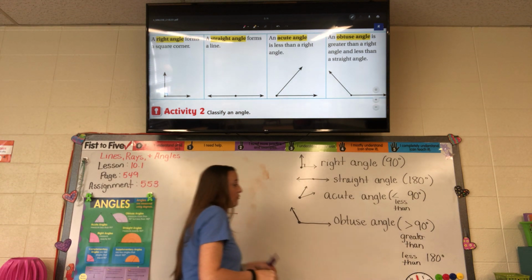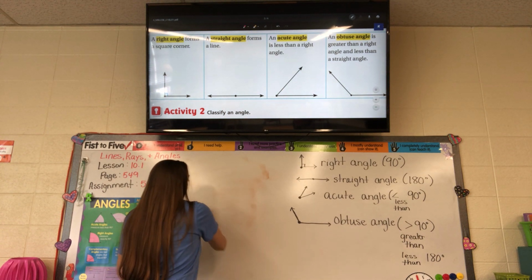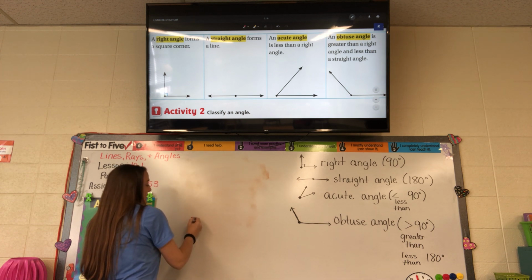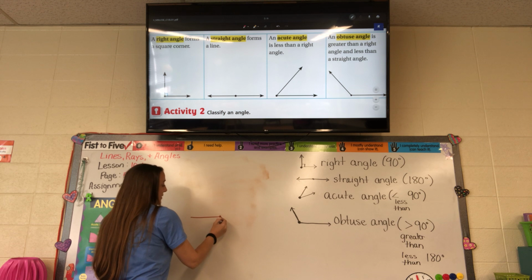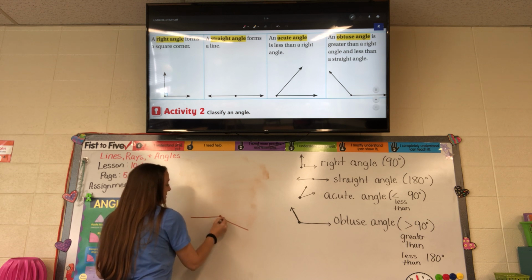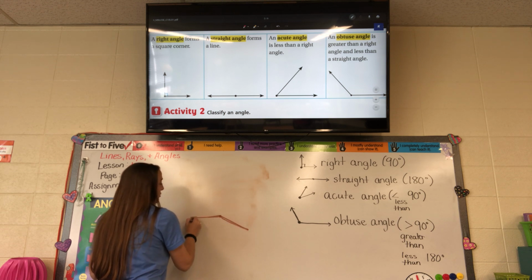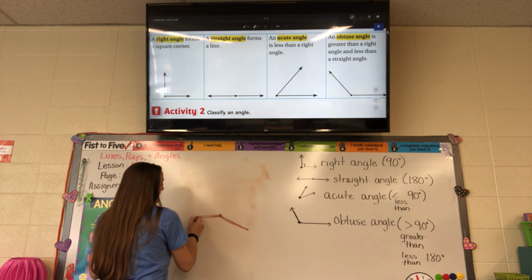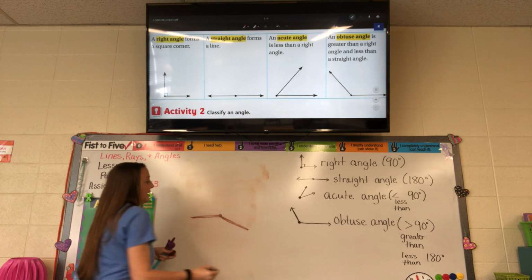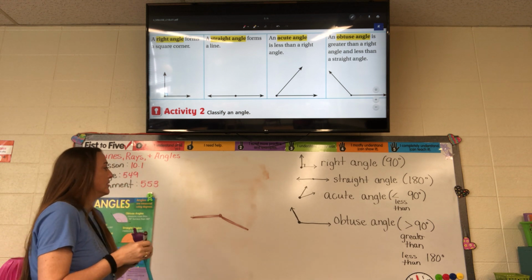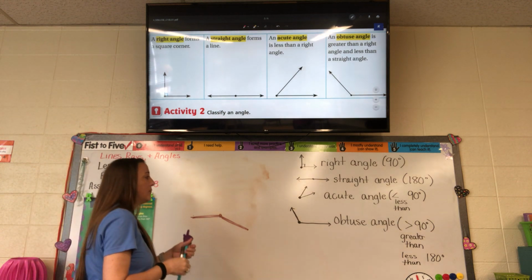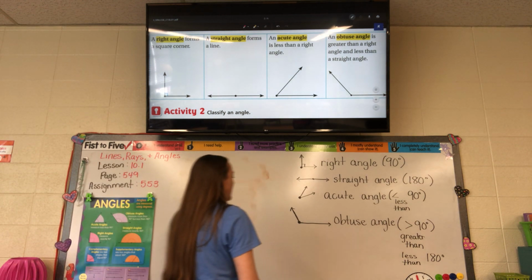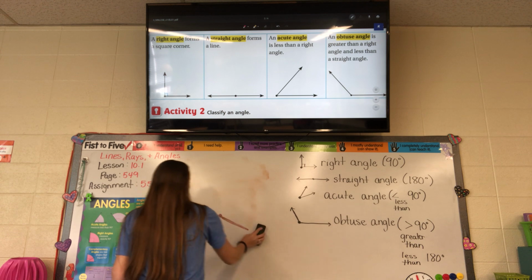But if you have one that is greater than a straight line, so if your angle was kind of like this, and you were measuring this as the vertex, then that would not be an obtuse angle because it has to be less than 180 degrees.